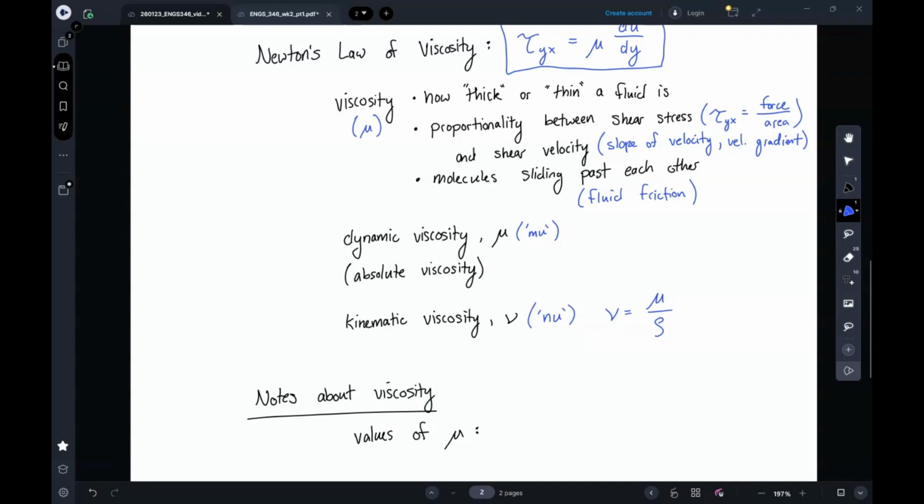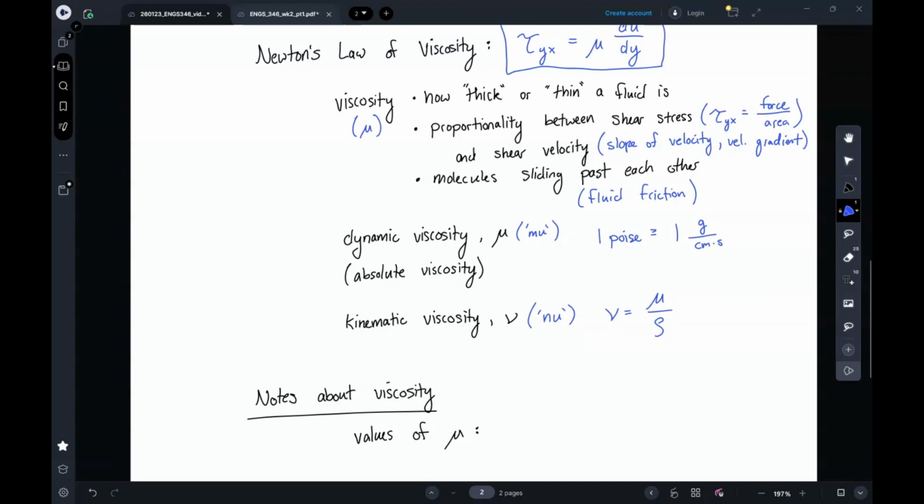So we'll see a little bit why that works. We have some goofy units for all of these things. A common unit for dynamic viscosity is 1 poise, which is defined as 1 gram per centimeter second. Very strange units.